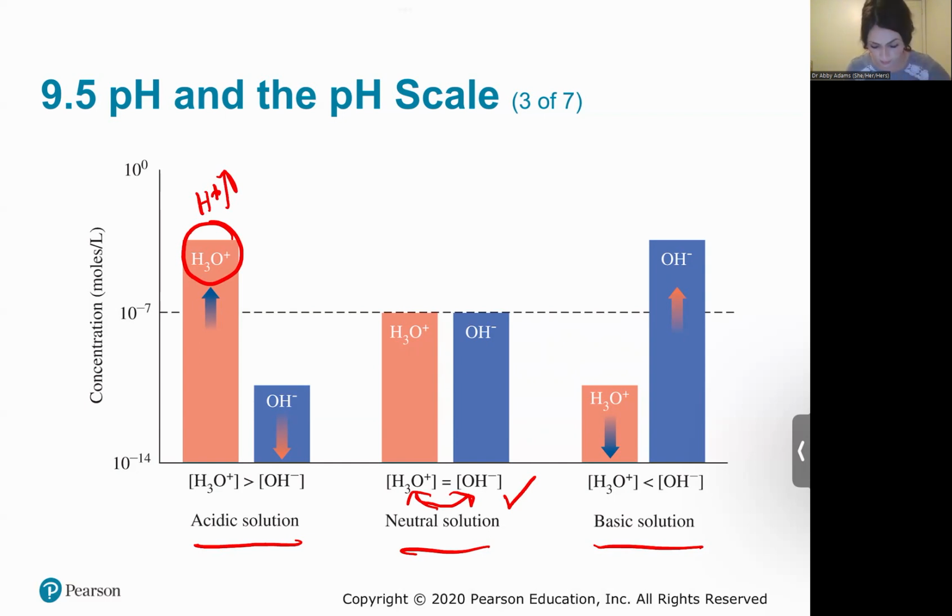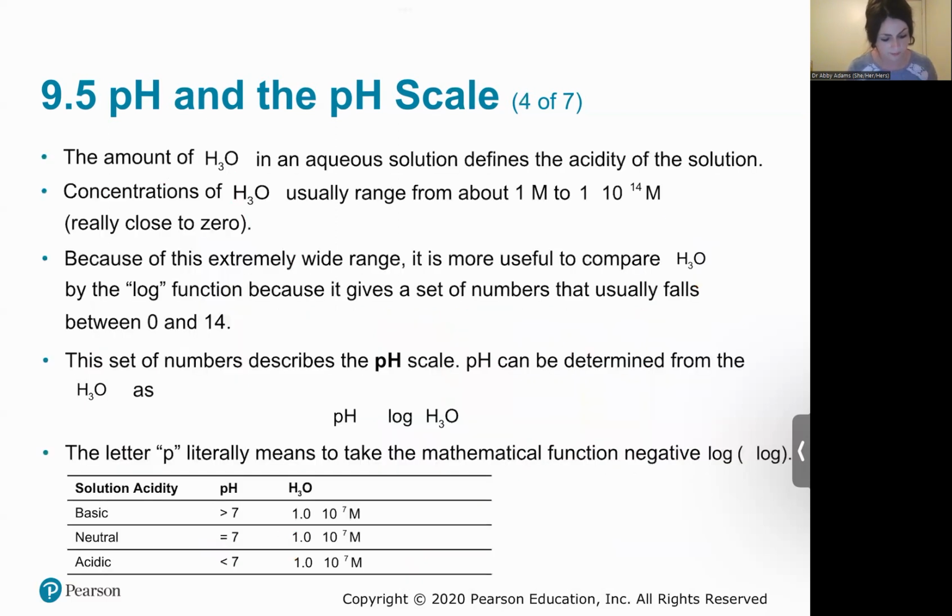And if you have a basic solution, you're going to have more hydroxide ions and less hydronium ions, right? That makes lots of sense. So the amount of hydronium ions in a solution is what defines the acidity of that solution. That's basically what we were talking about already in class today. The concentrations of those hydronium ions usually range from about 1 molar to 1 times 10 to the negative 14 molar.